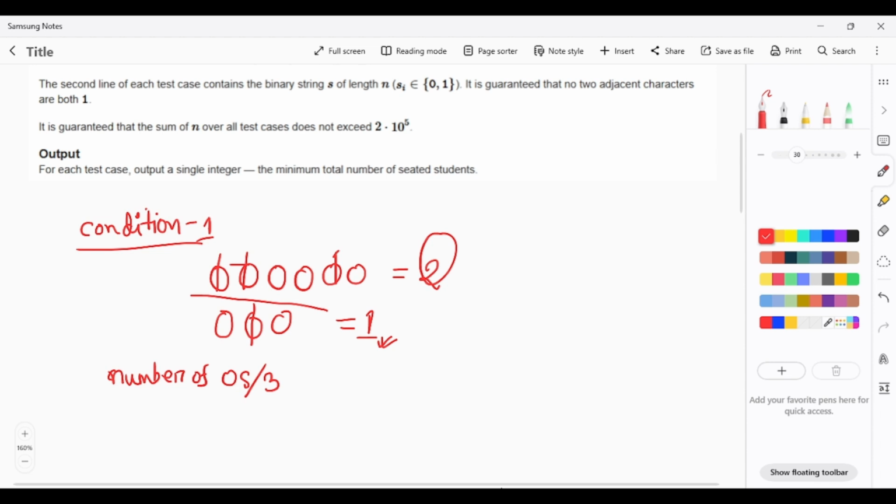But what about other cases, like when the number of zeros is not divisible by 3, like this one? How many students will we have to add here?